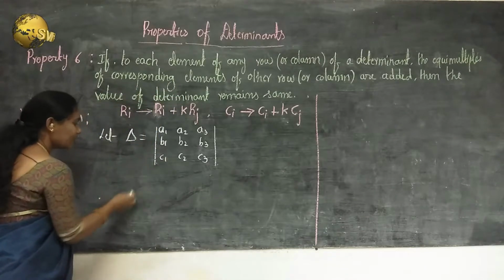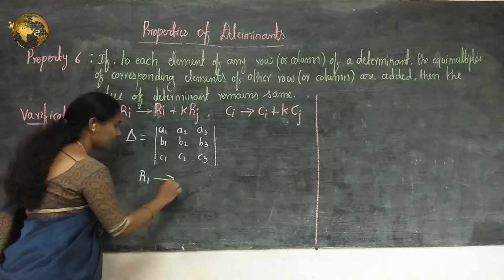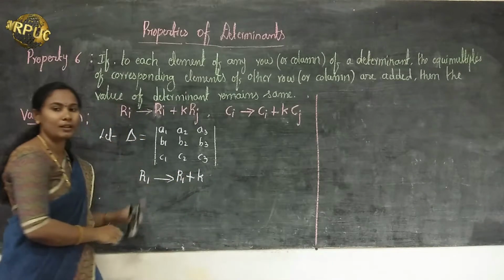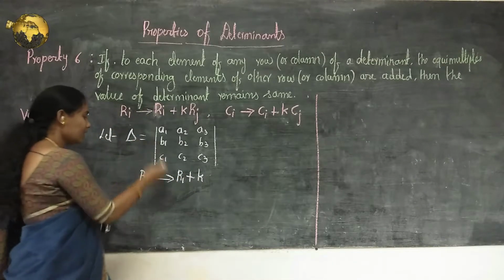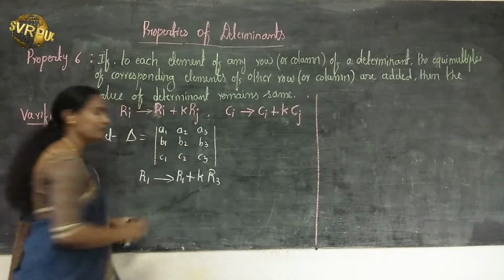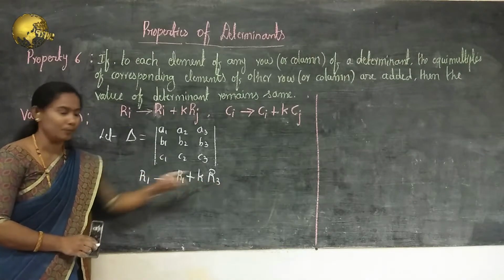So row 1 I'm changing into row 1 plus K into the other row. I'll take row 3, K into row 3, equi-multiples of the other row.